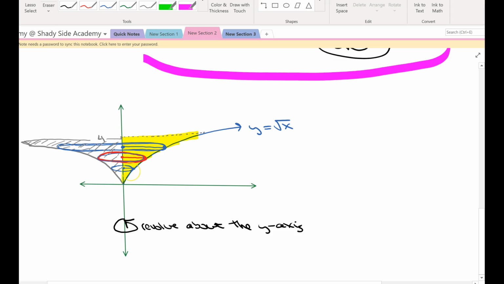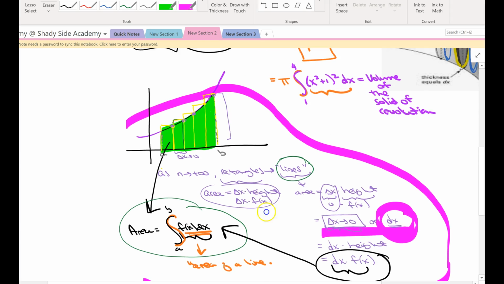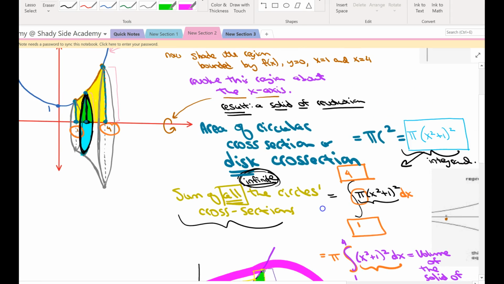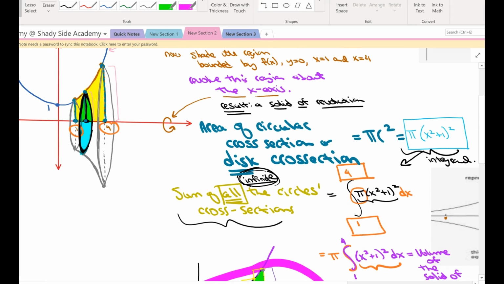I'm going to ask you a question, everyone. If I'm looking at these circular cross-sections, they seem to be stacked vertically on top of one another. Up here, these circular cross-sections were stacked horizontally over an interval of x.